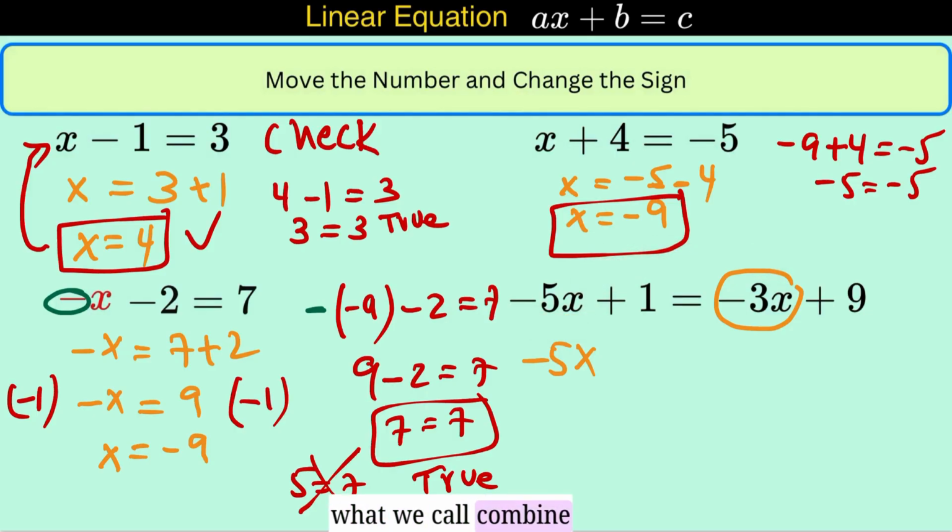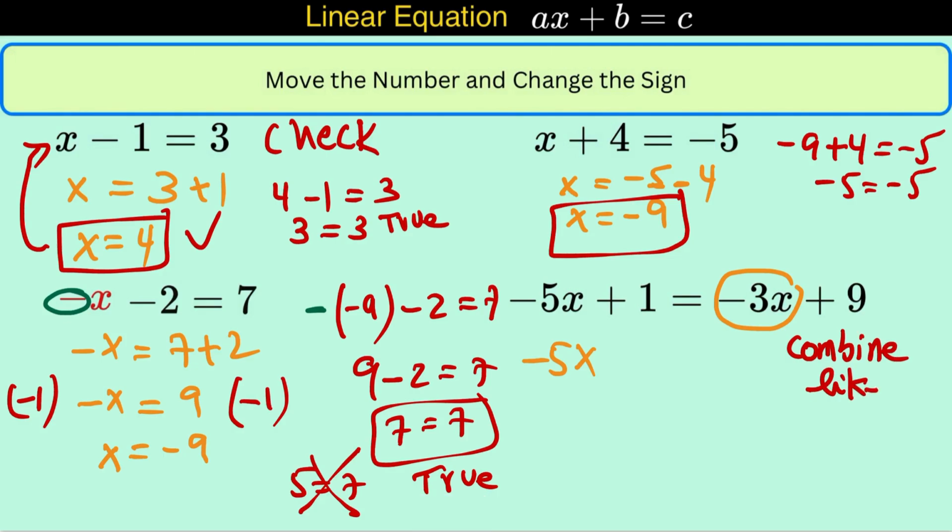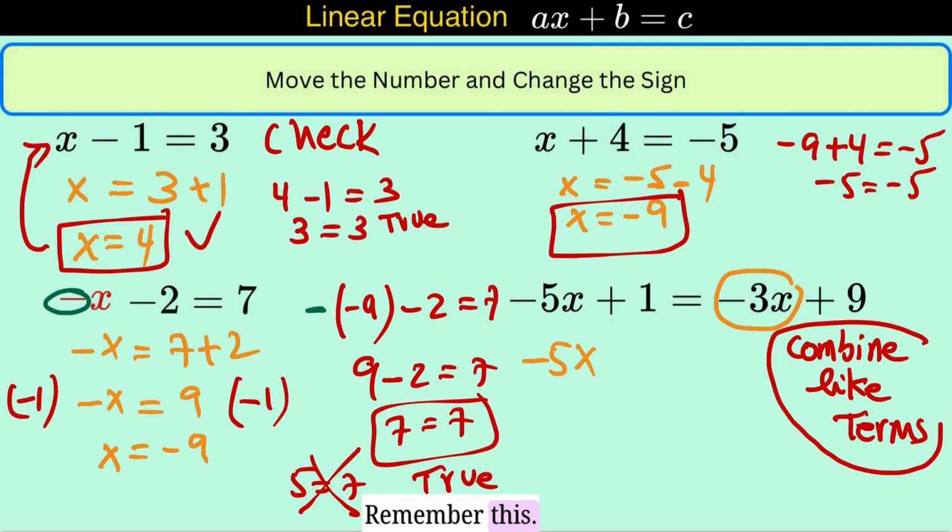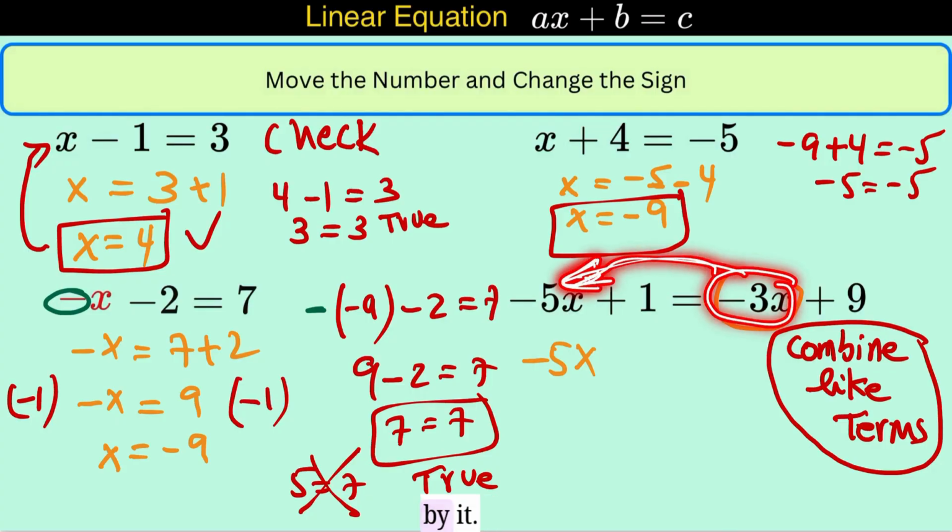That's what we call combine like terms. Remember this. What it means, combine like terms. So this x, I have to bring this x to this side, to the left by it.